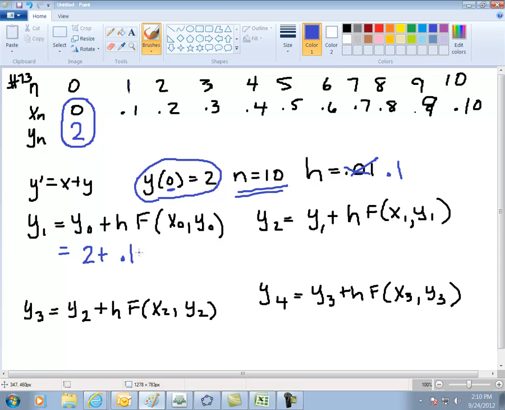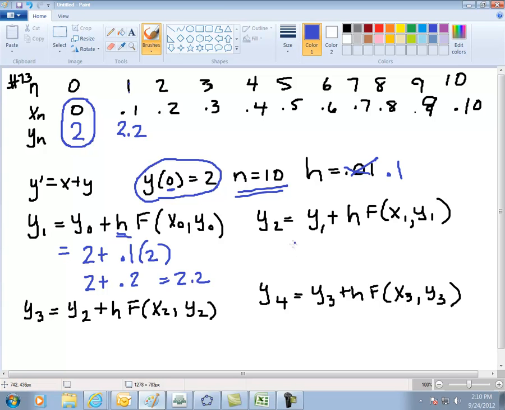So 0 plus 2 is 2, so I'm going to take 2 plus 0.1, that comes from my h, again that was given, and then my derivative evaluated at 0, 2, which is 2. So this ends up being 2 plus 0.2, which equals 2.2. So I've got my next number here.